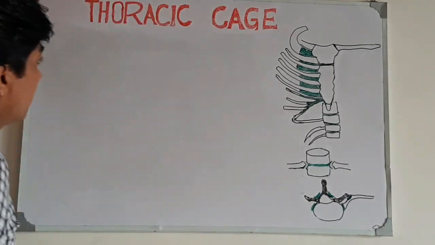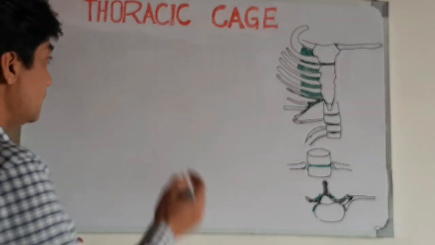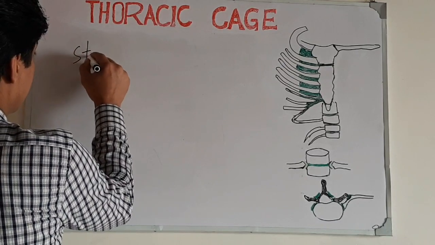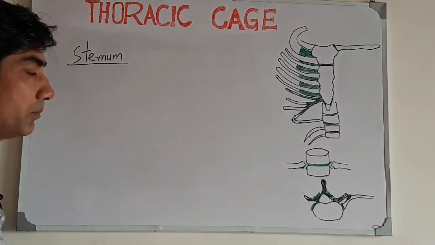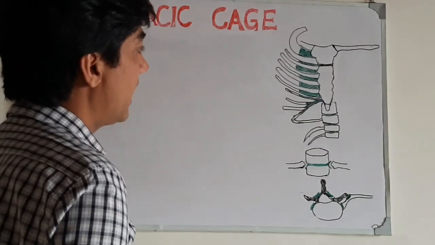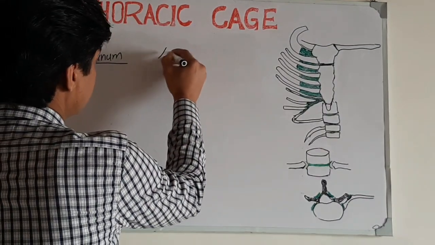Now we will discuss the sternum. That is a part of the thoracic cage. The sternum is a bony plate that lies anterior to the heart. It has three portions.